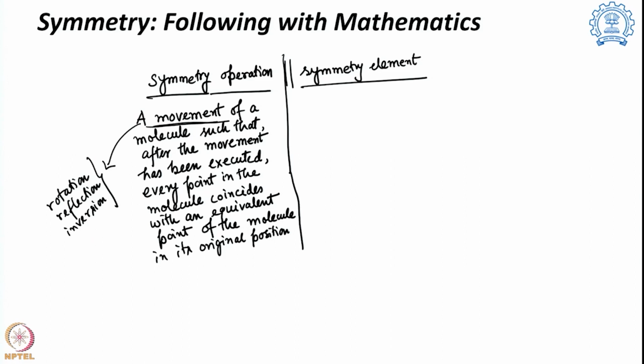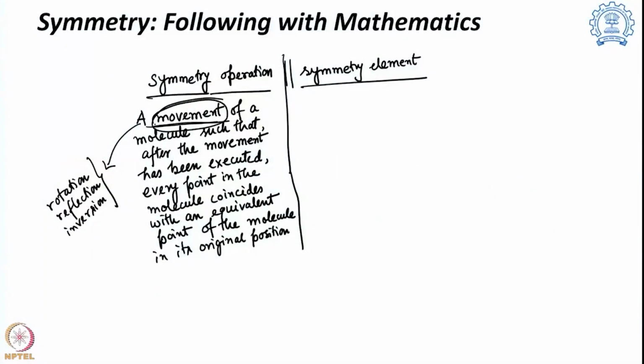If the molecule has such an orientation that it exactly matches each and every point with an equivalent point in the molecule in its original position, then we say it is a symmetry operation. That means there is no distinguishable change in the molecule after this particular operation. So, this movement or change you are doing is known as the symmetry operation.